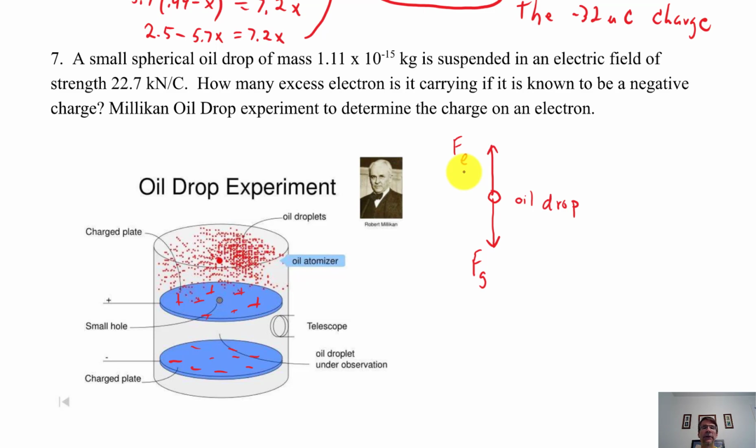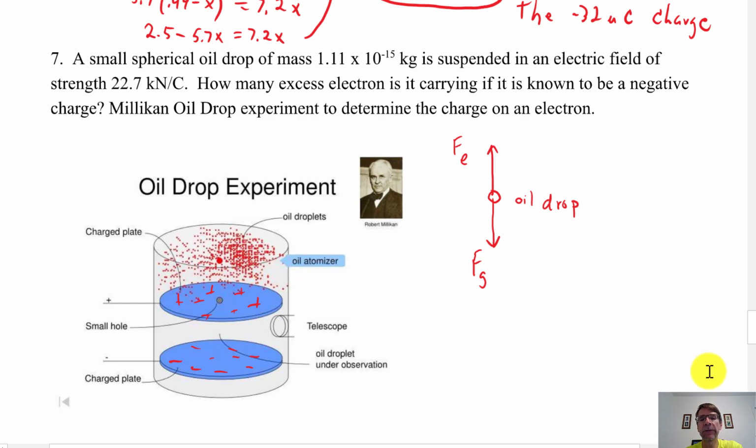This is sufficient here. If you know you got a negative drop, which I think maybe most of them were, the bottom plate's negative, you can suspend the oil drop there. But you need to know the mass of the oil drop. So for some reason he knew or could figure out the mass of the oil drops based on how big they were and the density of the oil and so forth. It's quite a small mass there.